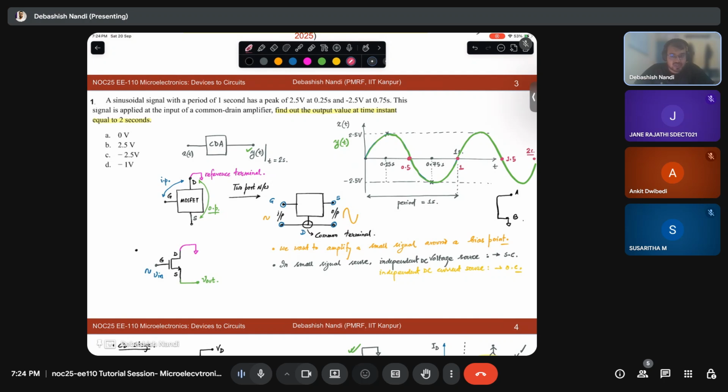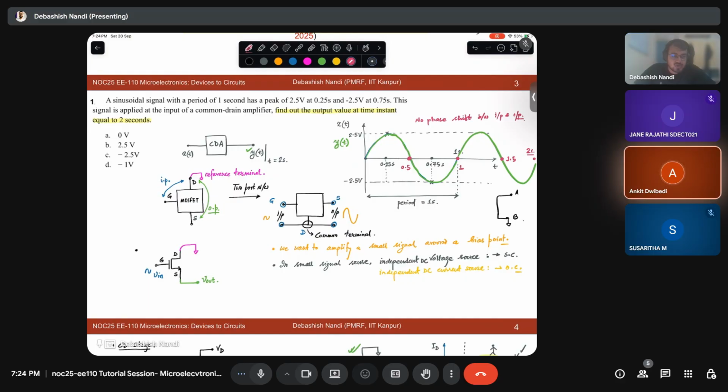We'll discuss those things. So there is no phase shift between input and output. What is the gain of a common source amplifier in terms of GM and Rout?